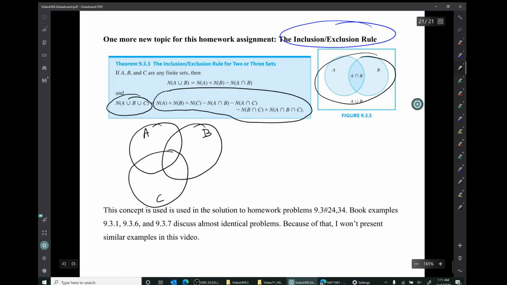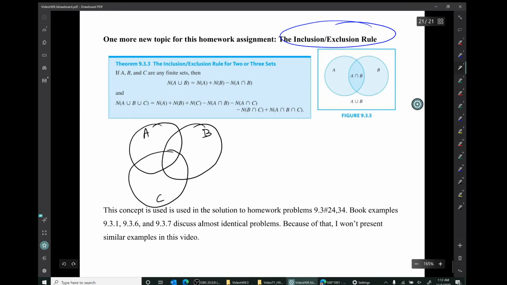When you count the individual sets A and B and C, you end up overcounting some of the overlapping regions. So these regions where the sets overlap get counted 2 or maybe even 3 times. So you correct for that overcounting by having these terms where you subtract the counts of some of the intersections.